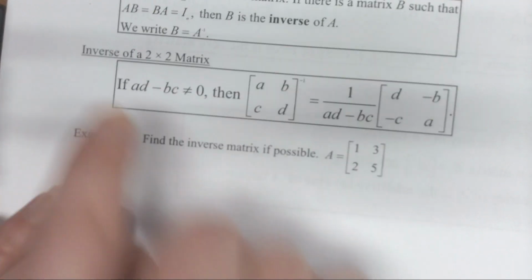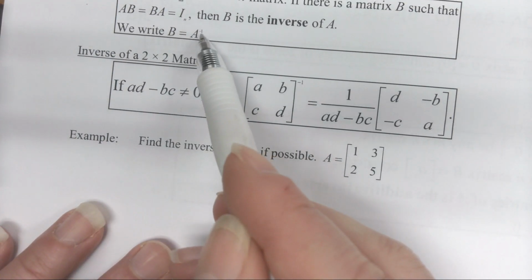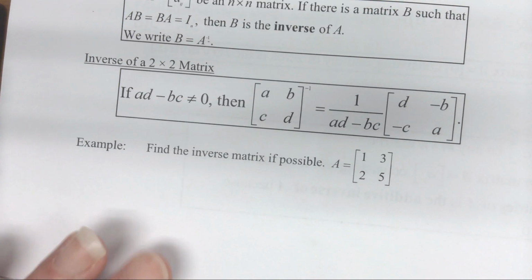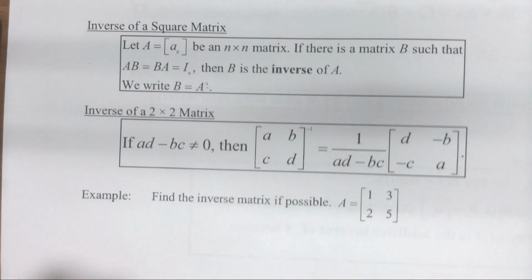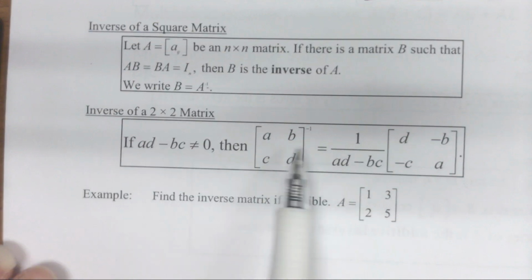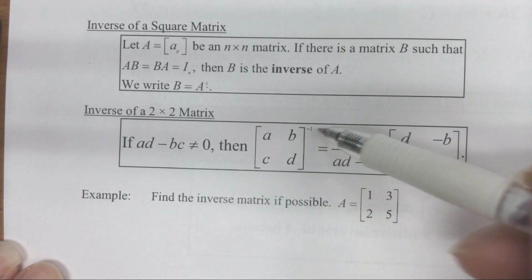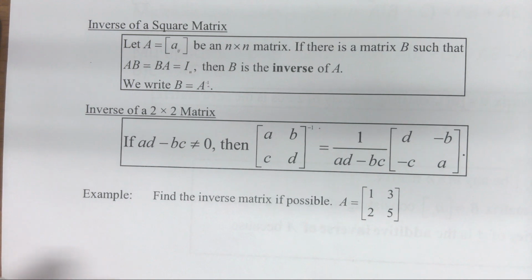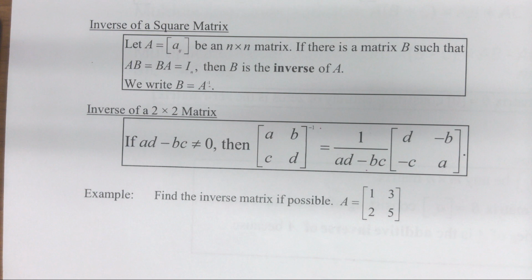Okay, so to find the inverse of a square matrix, first of all, look at that notation, little -1. We've seen that before. Realize that doesn't mean 1 divided by, it means inverse. What we do is if I had a matrix A, B, C, D, and I wanted to find its inverse, the first thing is we take 1 divided by some number, AD minus BC.